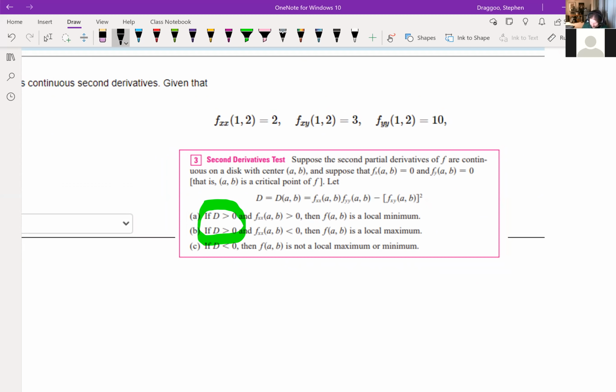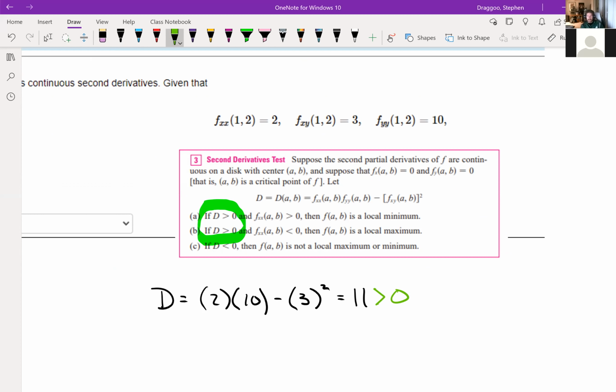But if D is positive, we're going to have some more things that we want to look at. So D should be 2 times 10 minus 3 squared. Right, so the double x partial times the double y partial minus the mixed partial squared. Doing so, that's 20 minus 9, so 11. Making this thing greater than 0, which means I want to start investigating what kind of a point I have.